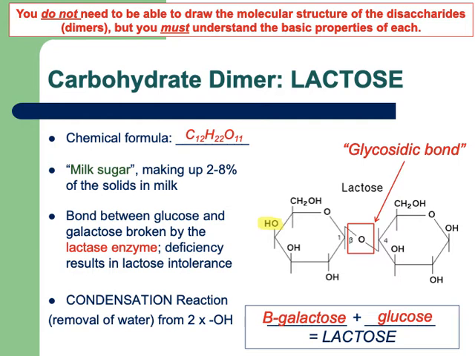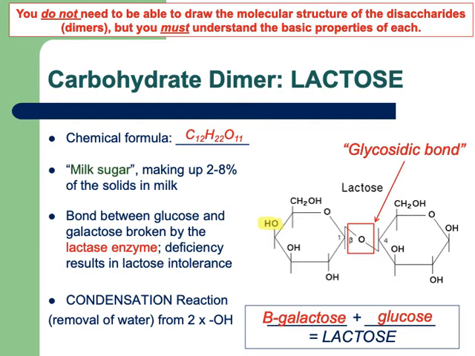Now on the left-hand side, we can see our carbon 1, carbon 2, carbon 3, and carbon 4. And the hydroxyl group on the left-hand molecule is highlighted in yellow, and it's pointing upwards. So what do we know about that? We know that that is galactose. So in this case, we have galactose reacting with glucose to form lactose.